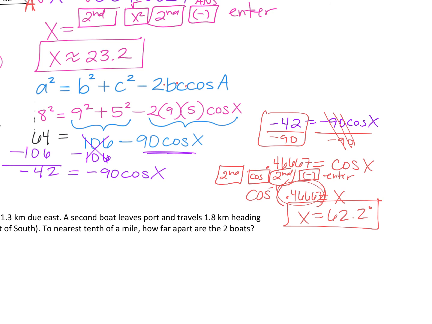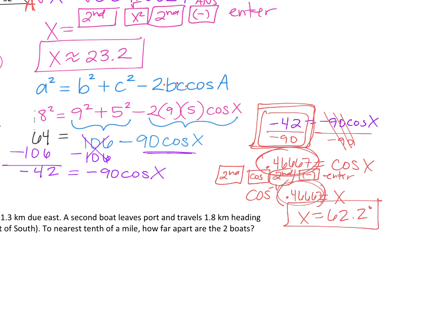Soraya. Do you want to plug it in the shortcut button way? Okay, so start by plugging this into your calculator. 42 divided by 90, or negative divided by negative, but it will be the same answer. So you should see this on your calculator right now, 0.46666 repeating.